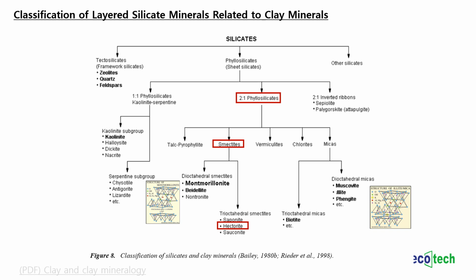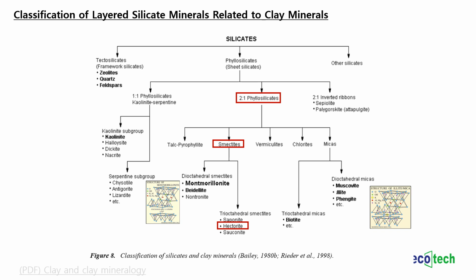Among the key types of clay minerals is smectite, which includes montmorillonite, beidellite, nontronite, and hectorite. These are classified as two-to-one clay minerals, meaning they consist of two tetrahedral silica sheets sandwiching one octahedral sheet.